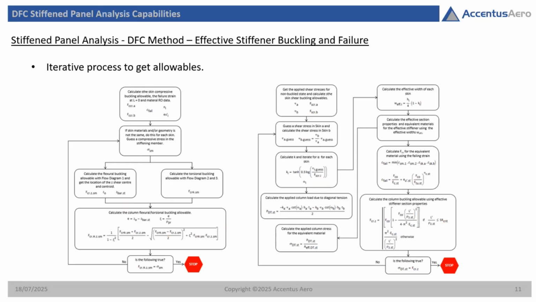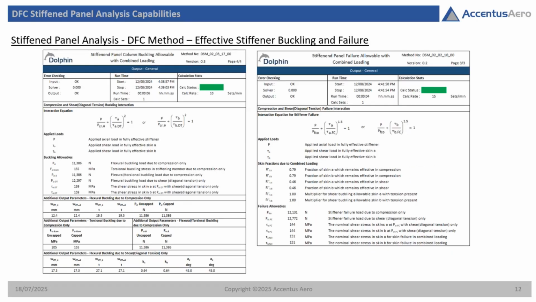This is just to show that we have methods to do that in a quite efficient way. It's a very time-consuming process, but using the coded methods, that's 6 seconds, that's 4 seconds, that's very quick, to calculate your allowables, all the effective widths and diagonal tension angles, etc. So that's all taken into account.